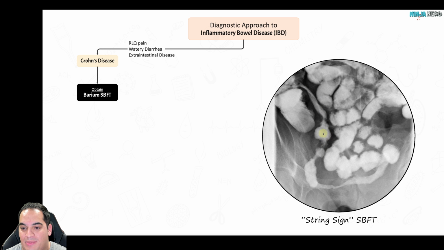These could be evidence of a string sign, where you're not having a very happy appearing ileum. It's really inflamed and you're forming strictures or narrowing due to a lot of inflammation occurring within the mucosa, submucosa, and muscularis externa. That could be indicative of a lot of inflammation that's narrowing the lumen. All right. Problem is, it's not super specific. It's not going to guarantee you the diagnosis, but a string sign could definitely be supportive.